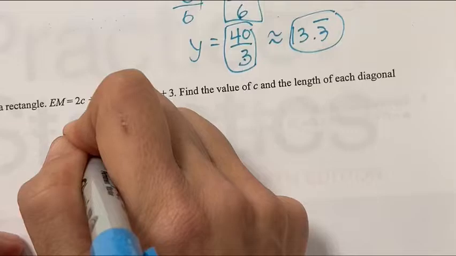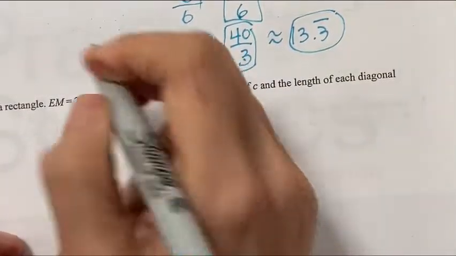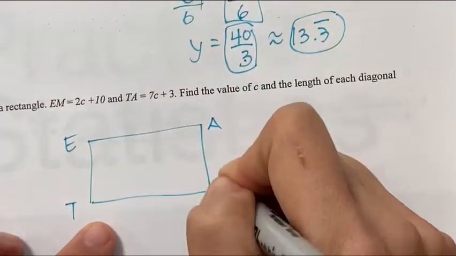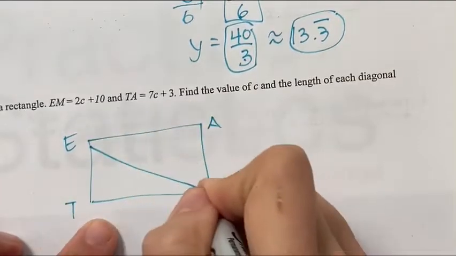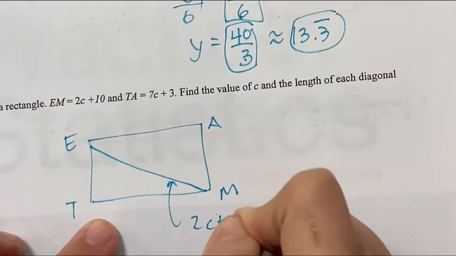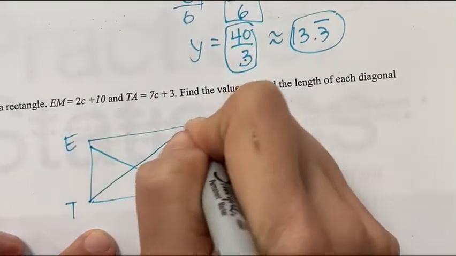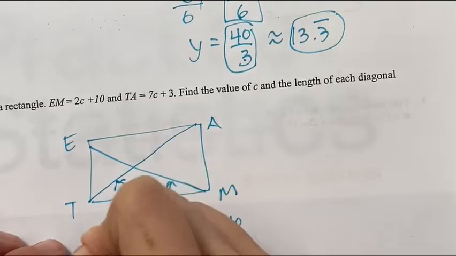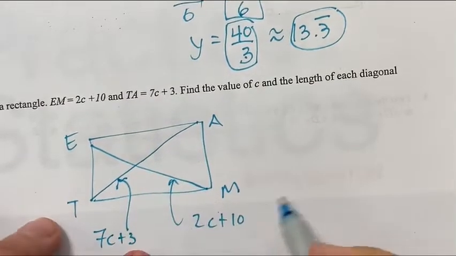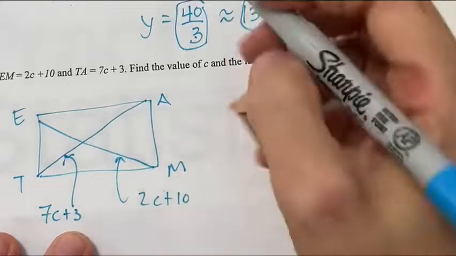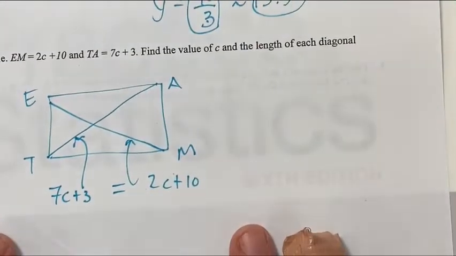It says the rectangle TEAM. EM, so this diagonal is 2c plus 10. TA, this diagonal is 7c plus 3. And we know from the last one, diagonals are equal. So let's set these equal and solve.